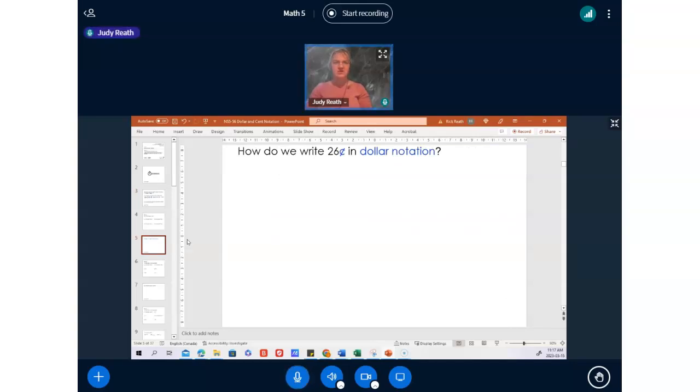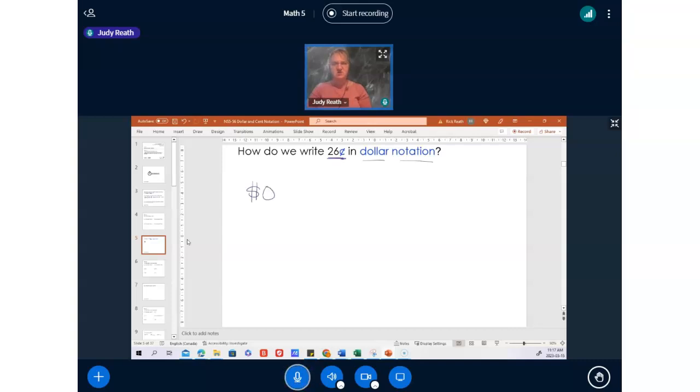Now, if we wanted to write something like 26 cents in dollar notation, right here it's in cent notation. We call it that because it uses the cents sign. If we wanted to write it in dollar notation, we have to start with the dollar sign at the front. Different than the cent notation because cents go at the back when we use that. And if it's 26 cents, we know that we have $0, right?